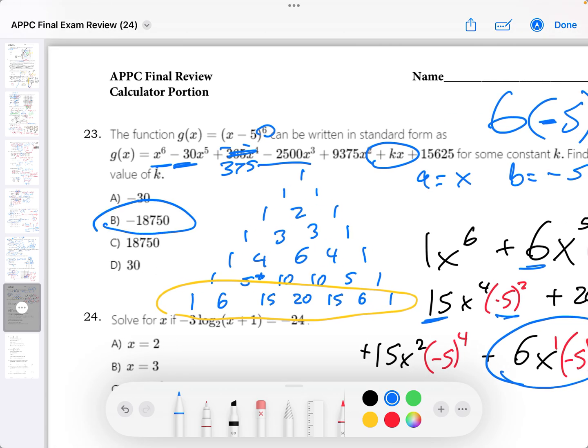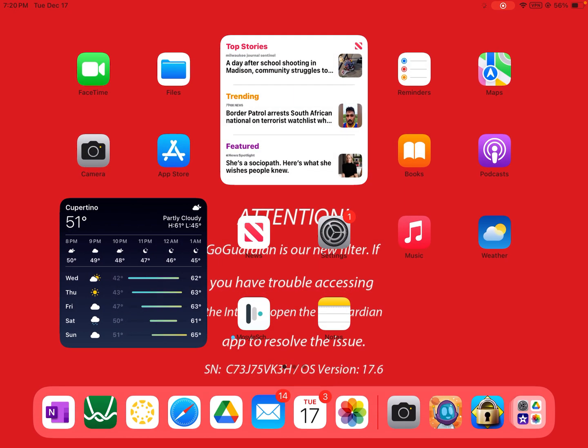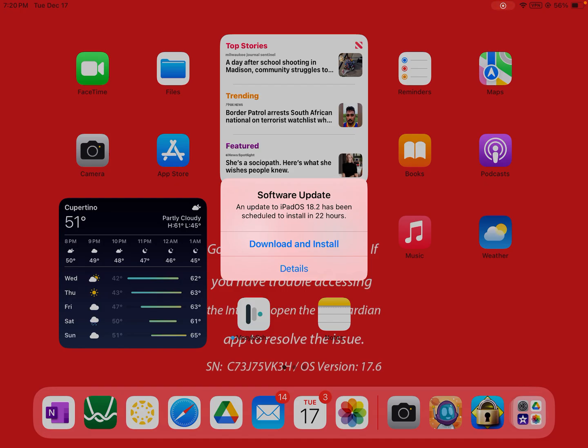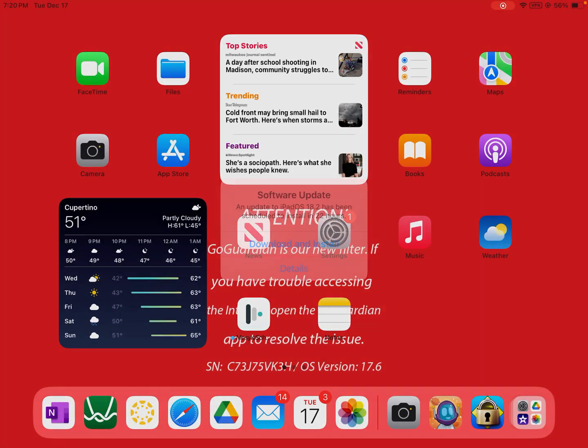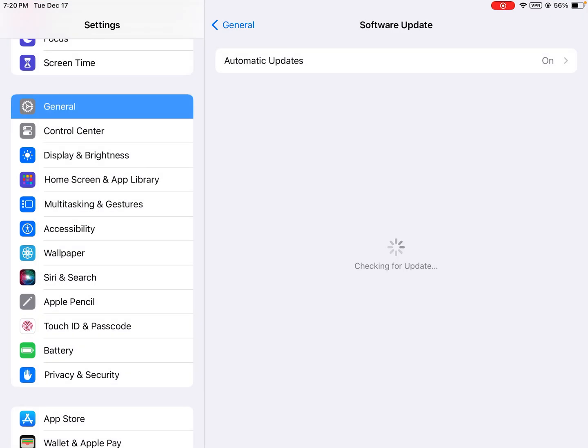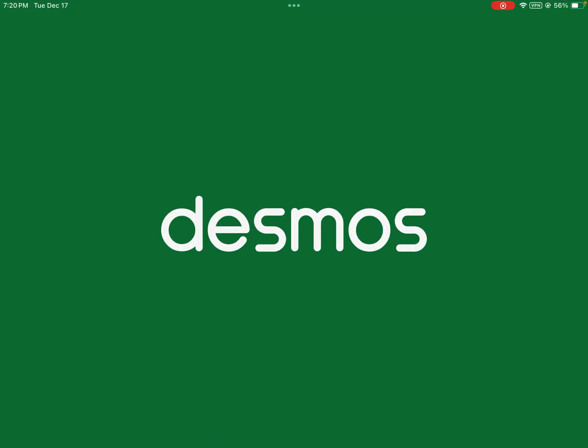If, however, since I'm just starting the calculator portion right here, I need to solve that, I would go straight on into, as they try to make me download something here and they're being annoying. I don't want to download. I'll ignore that.